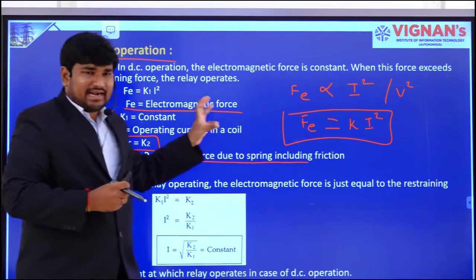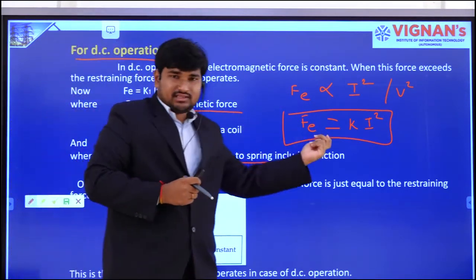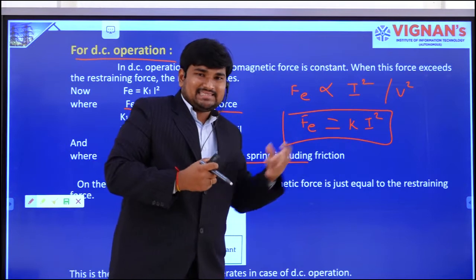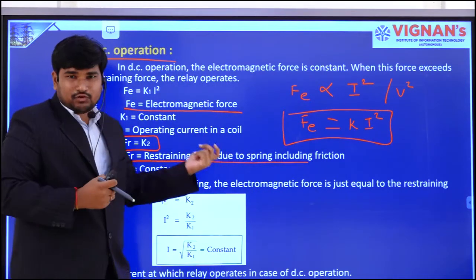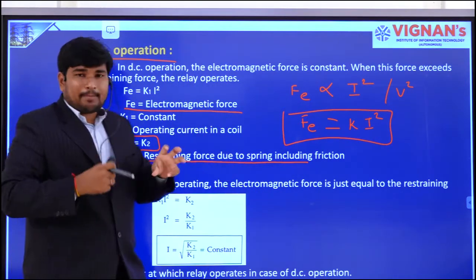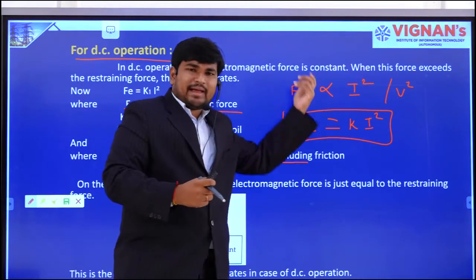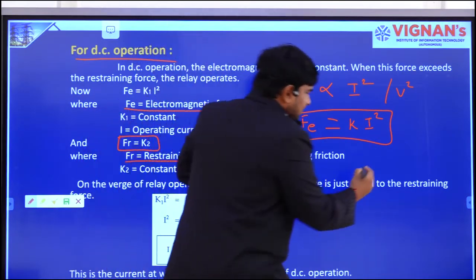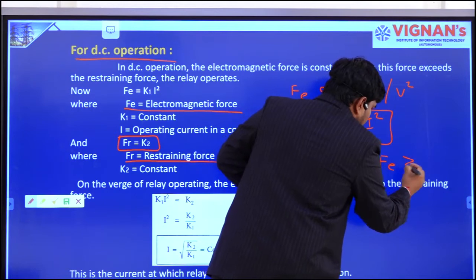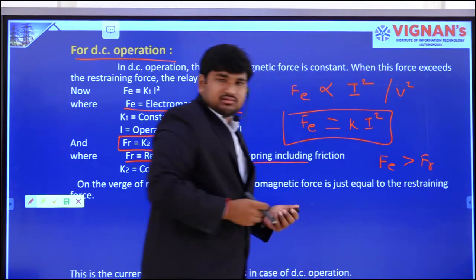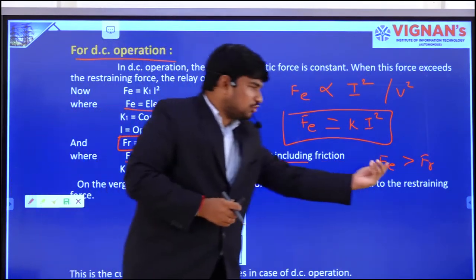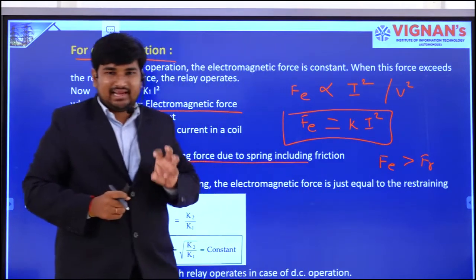Under normal operating conditions, Fe, the electromagnetic force, is less than the restraining force. During abnormal conditions, the electromagnetic torque increases beyond the restraining torque. This is the condition to be met for operation of the relay.